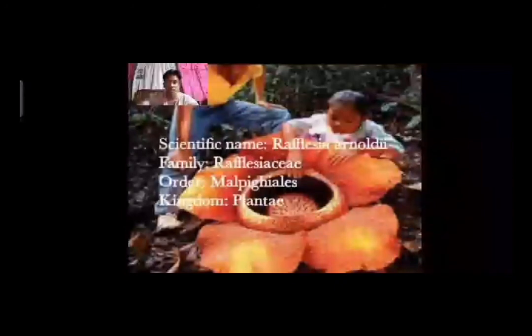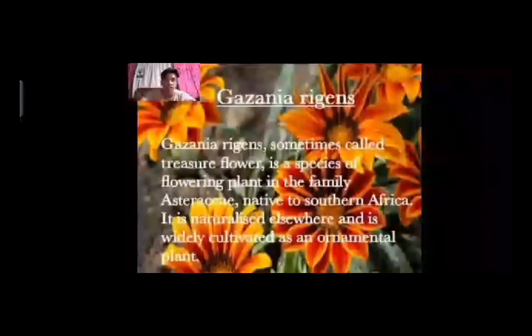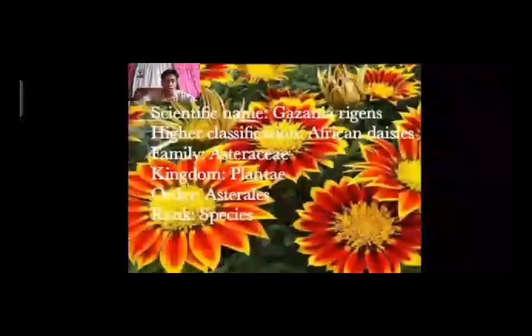Kingdom, Plantae. Next is the Gazania rigens. Gazania rigens, sometimes called treasure flower, is a species of flowering plant in the family Asteraceae, native to southern Africa. It is naturalized elsewhere and is widely cultivated as an ornamental plant.